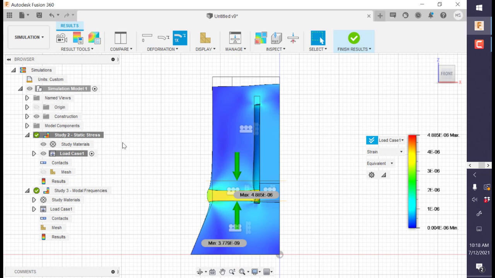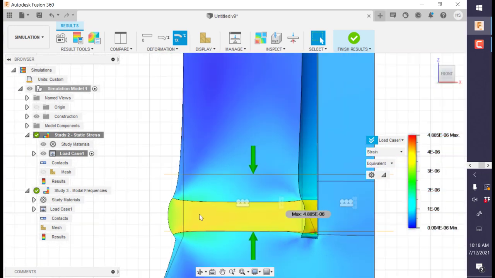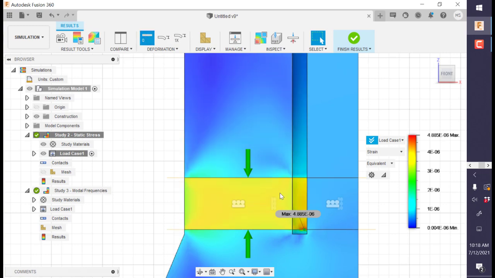You can also, depending on your simulation program, if you don't have harmonic analysis, use dynamic analysis with a reasonable amount of damping and also produce a similar effect to static, assuming you're using low frequency. So here I applied force with zero displacement.